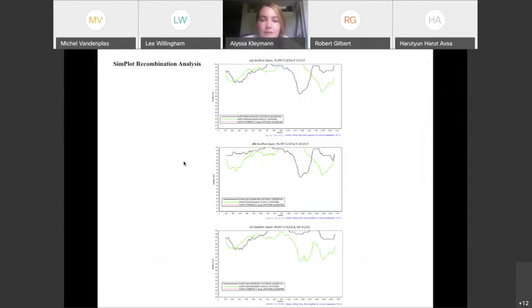And this further validates the recombination events that have been shown through the phylograms as well as the RDP program. This is a SimPlot recombination analysis, again showing the recombination events in all 3 of those St. Kitts strains.